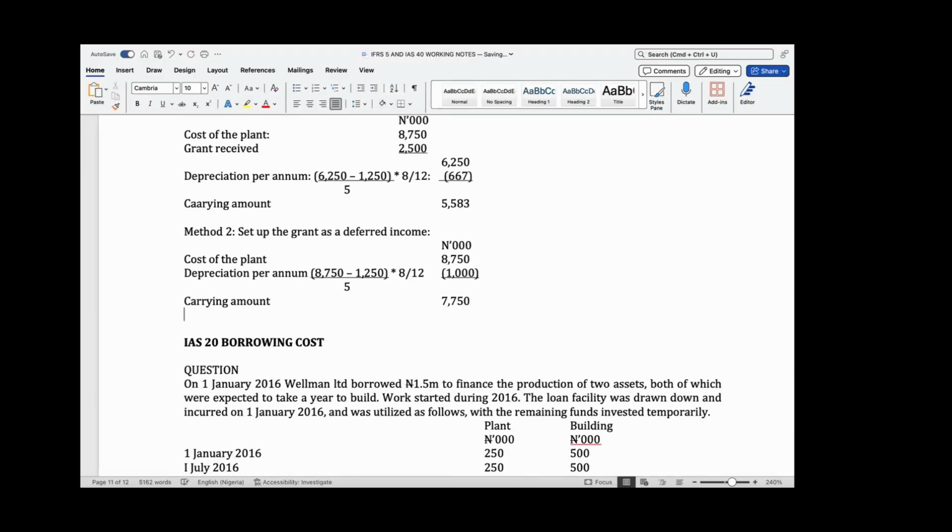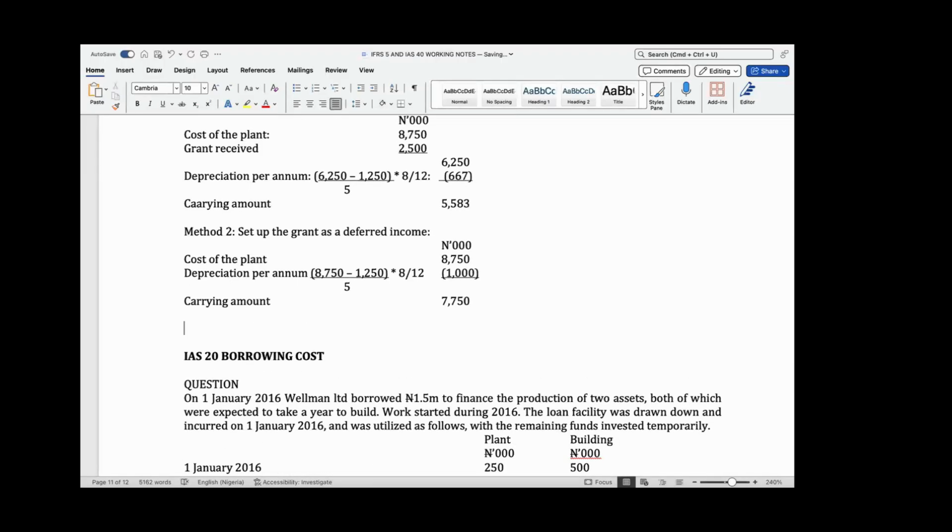However, in P&L, the grant income will be recognized over how many years?